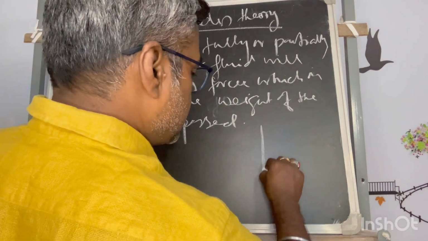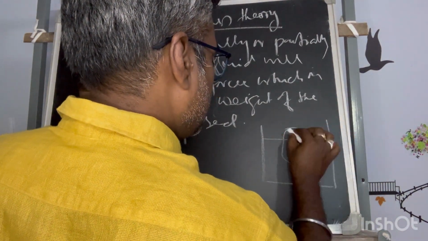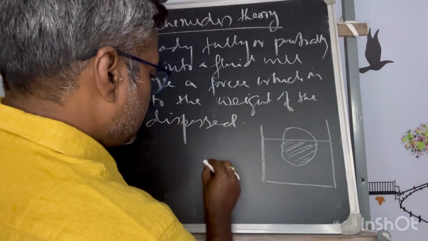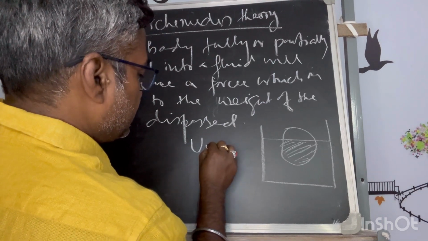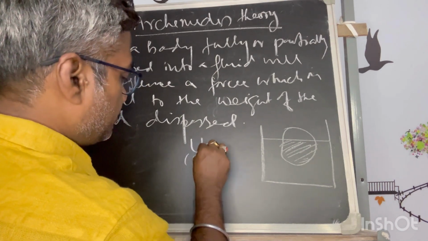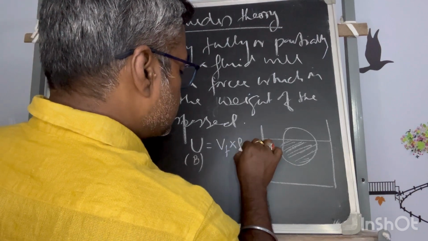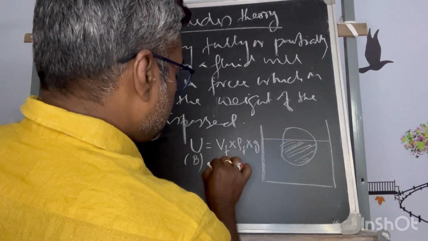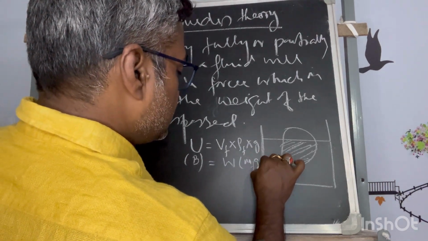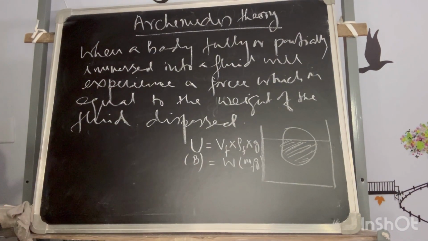If I say the fluid is dipped and this much part is dispersed, then the buoyancy or the upthrust, if I represent it with U, sometimes it is represented as B, is equal to the volume of the fluid dispersed into the density of the fluid into G. That means W can be written as the mass of the fluid into G, and the mass of the fluid is volume into density.